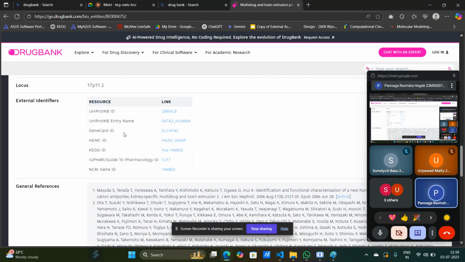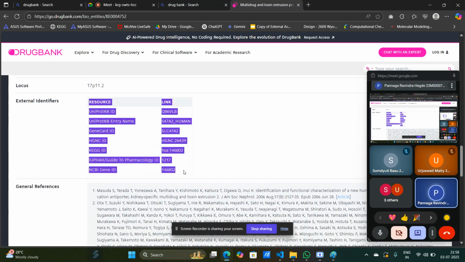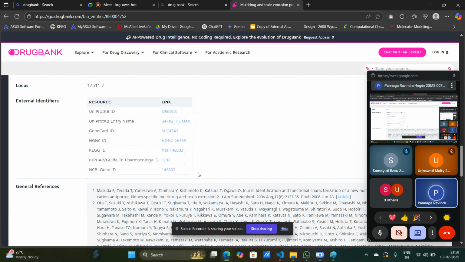Then you again have external identifiers. As I have always mentioned, in bioinformatics databases, cross-referencing is done a lot, and it also increases the credibility, because you're integrating information from multiple databases.